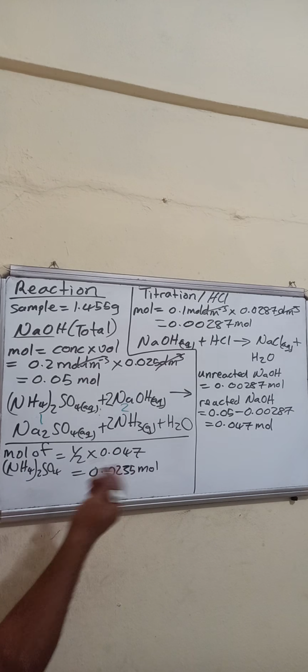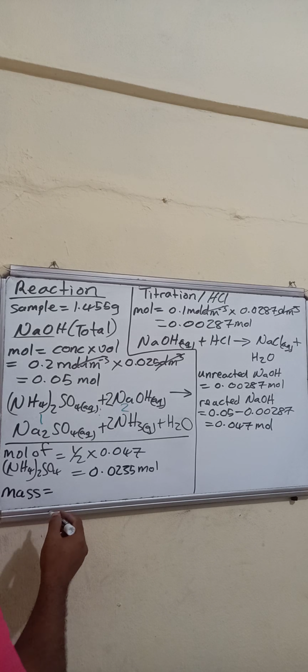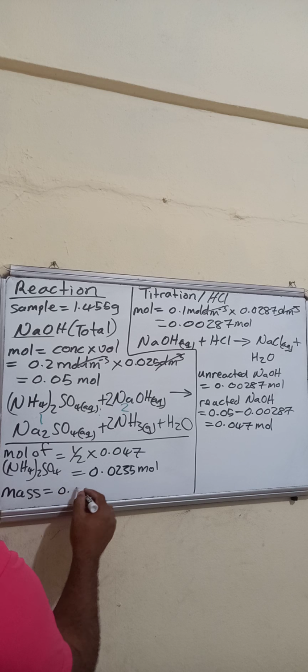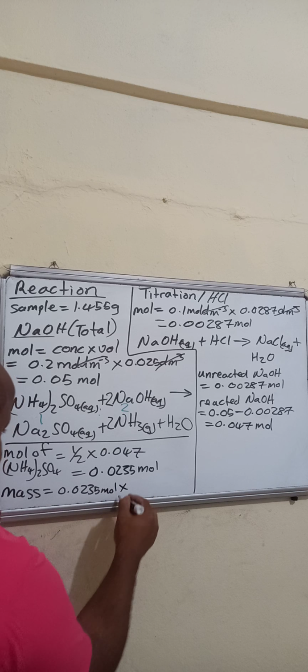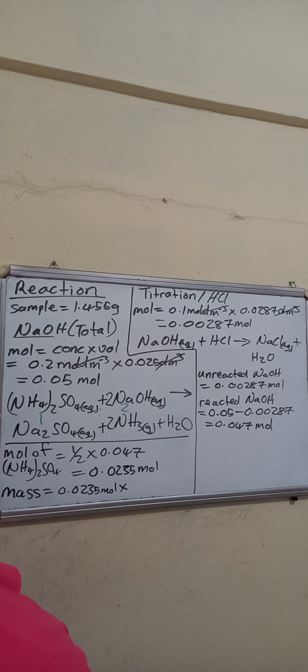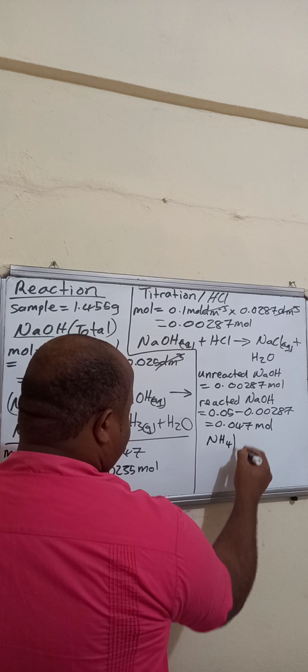So after I get the moles, we know that mass is mole times molar mass. So the mole is 0.0235 mole times the molar mass for ammonium sulfate. Let's do that quickly.